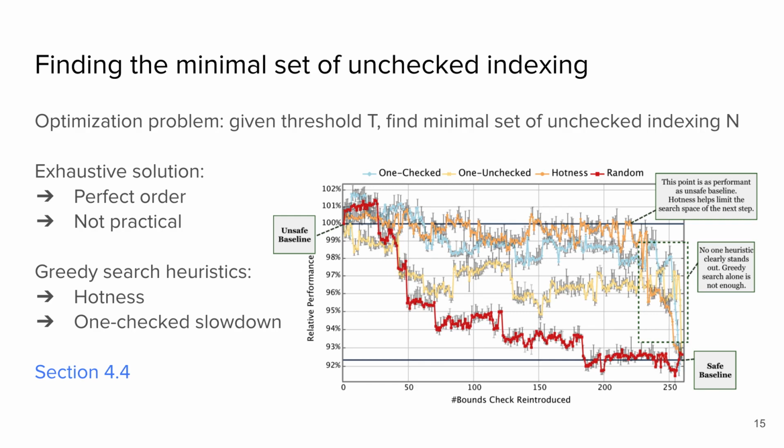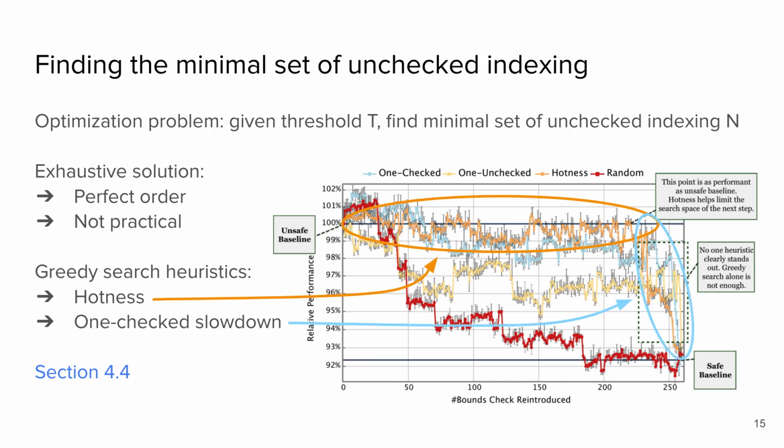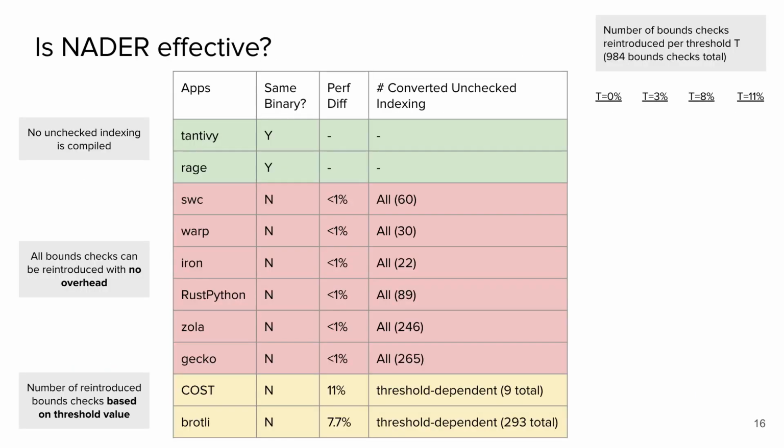Therefore, NADER instead primarily leverages a hotness-based heuristic, or the dynamic execution count of each instruction, to reintroduce a majority of bounds checks. It then switches to another heuristic called the unchecked slowdown to reintroduce the remaining bounds checks with the smallest overhead until the threshold is reached. We refer those interested in these details to section 4.4 of our paper.